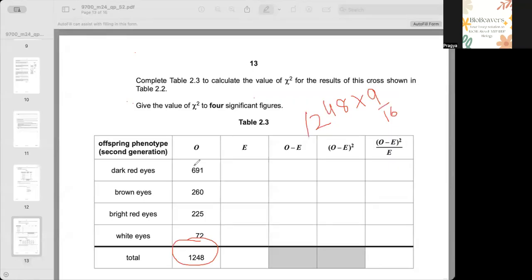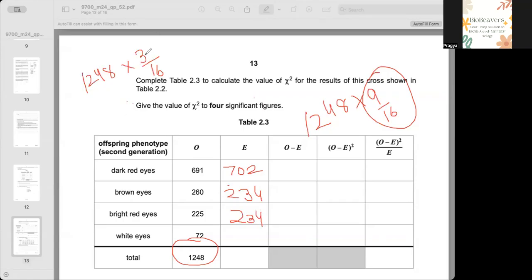So 9 plus 3, 12, 12 plus 3, 15, plus 1, 16. So 9 out of 16 will give you a value here, which is 702. This part will be calculated 1248 multiplied by 3 divided by 16. And our value is 234 here. 234, same here.